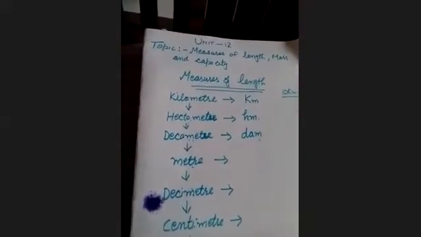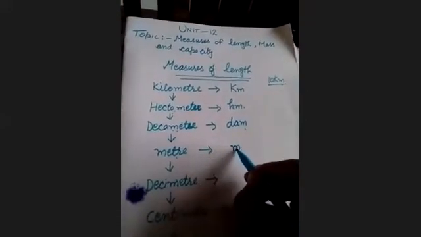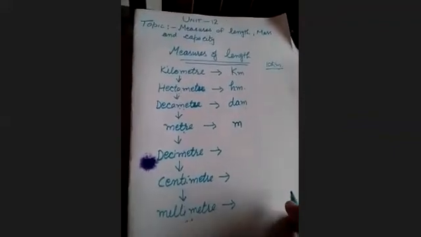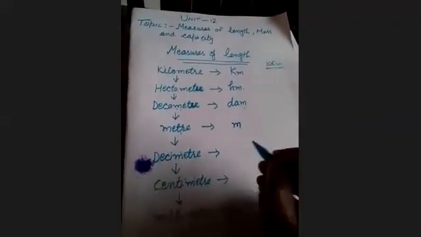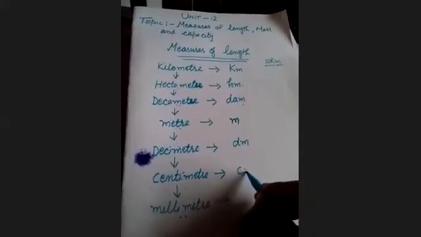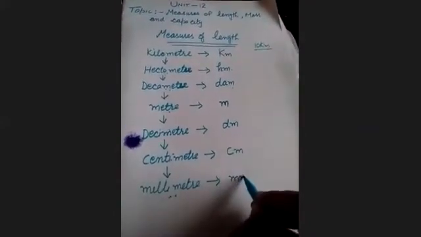Then for meter, we use m. Then decimeter, dm. Centimeter, cm. And millimeter, mm.